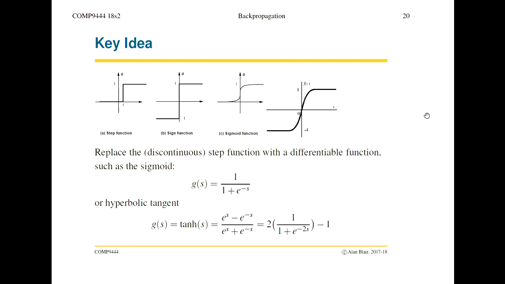If we want the values to be between -1 and 1, we often use what's called the hyperbolic tangent function, which is defined this way. But it turns out that these two functions actually have exactly the same shape. It's just that one of them has been moved down and stretched out and squashed in the other direction. So there's been some rescaling, but the shape is actually the same.